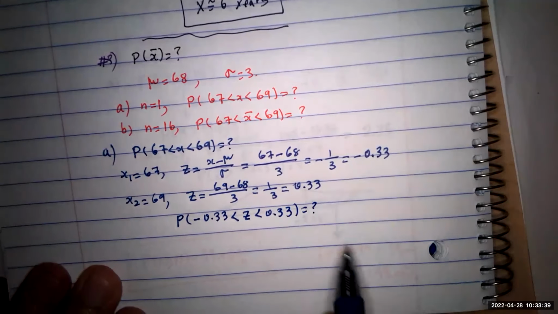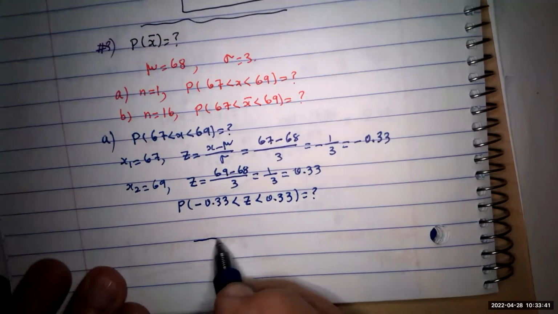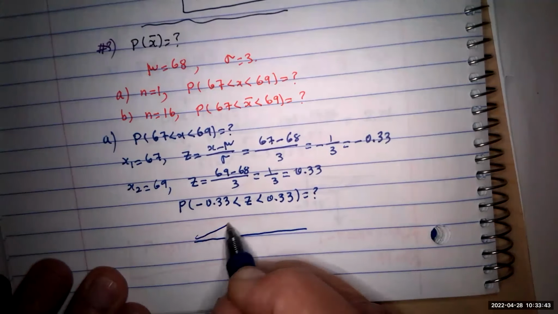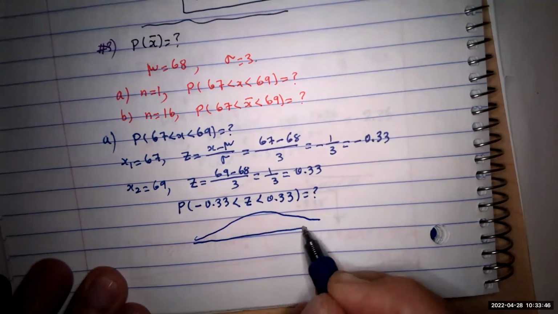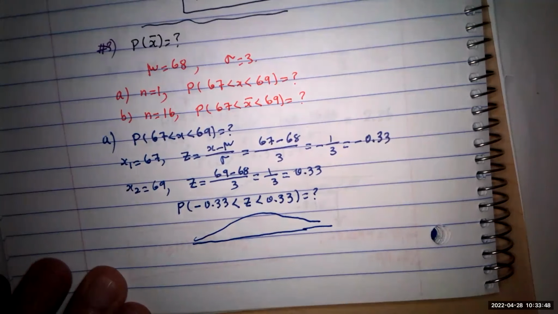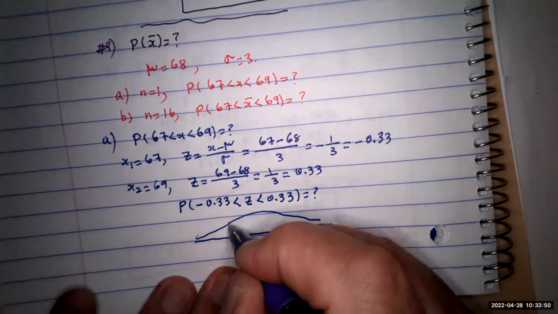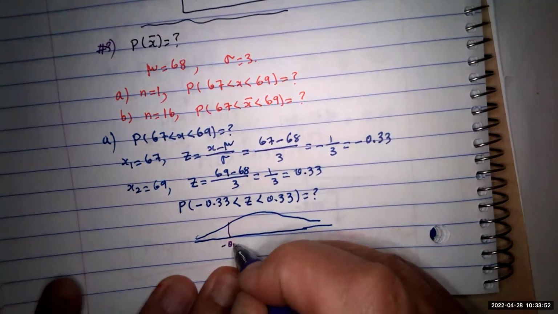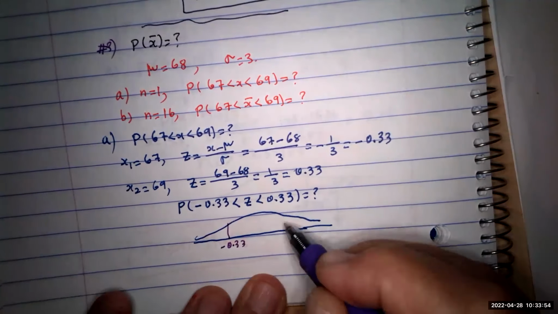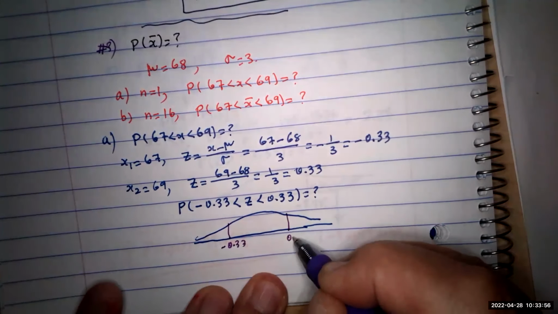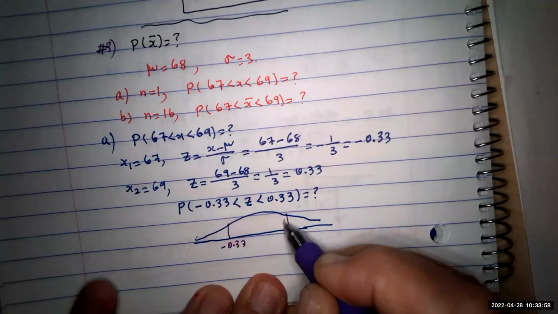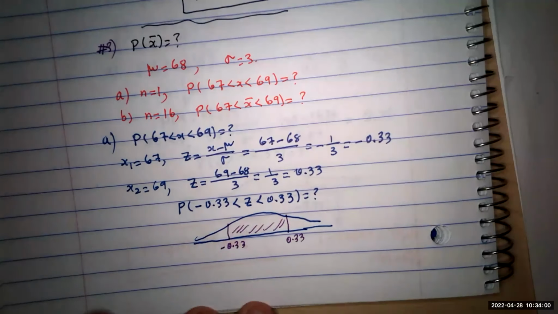So it's going to be the area between two Z numbers. You are interested in this region.